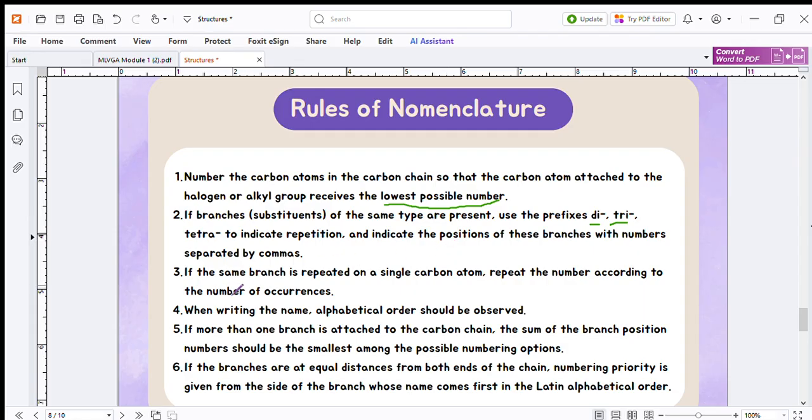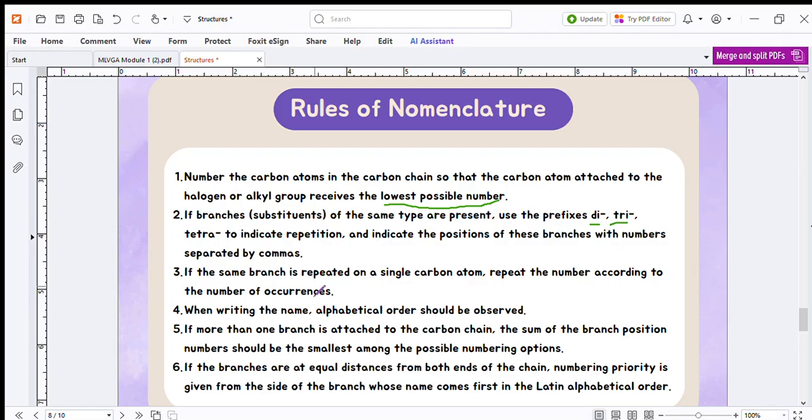Then we have, if the same branch is repeated on a single carbon atom, like bromo or chloro, repeat the number according to the number of occurrences. So pag meron tayong same branch na na-repeat po siya sa isang single carbon atom, halimbawa, nag-number tayo ng carbons, carbon 1, carbon 2, carbon 3.